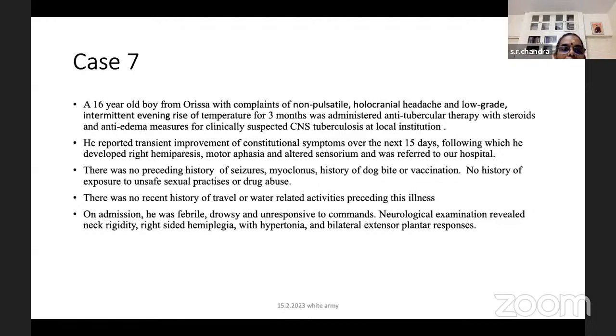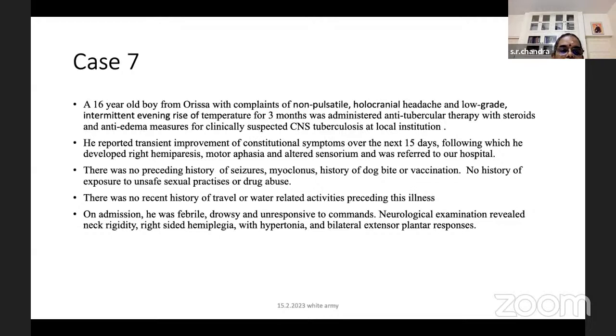He reported transient improvement of some of his symptoms, but deteriorated, developed hemiplegia, aphasia, and altered sensorium. There was no preceding history of seizures, myoclonus, dog bite, vaccinations, or unsafe sexual practice, and no recent history of travel or water-related activities preceding the illness.